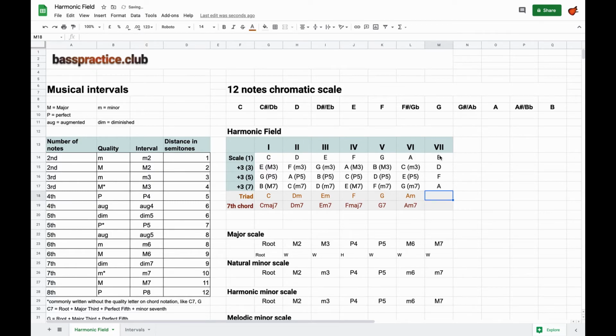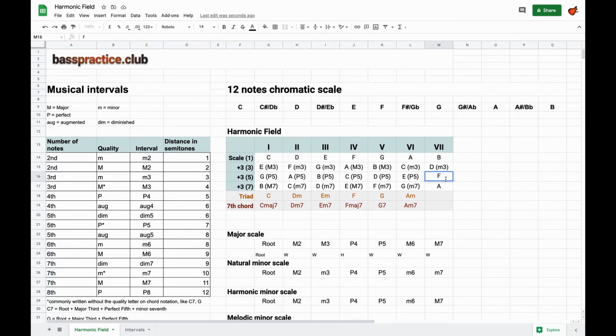Let's take a look now at the last chord of the C major scale harmonic field, the 7th degree. From B to D, I have 1, 2, 3 semitones. So 3 semitones is a minor third. From B to F, 3, 4, 5, 6. 6 semitones, and the 5th is a diminished 5th.